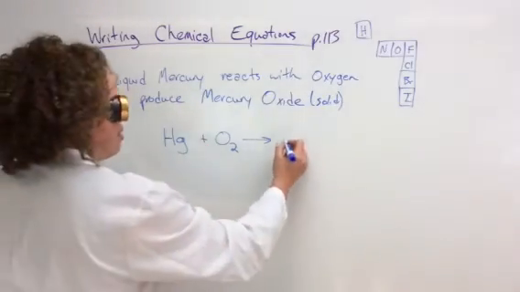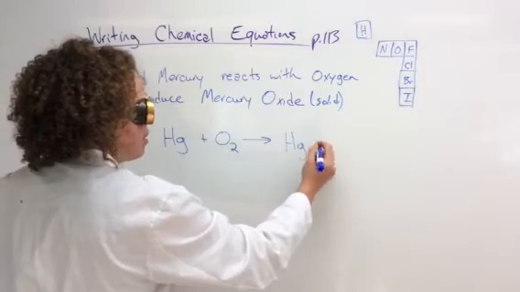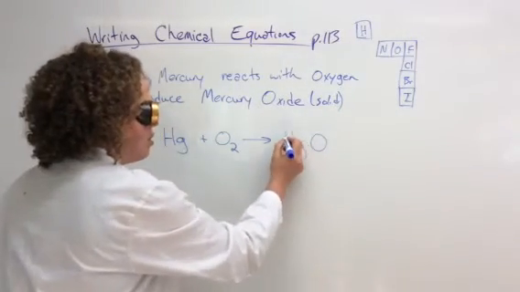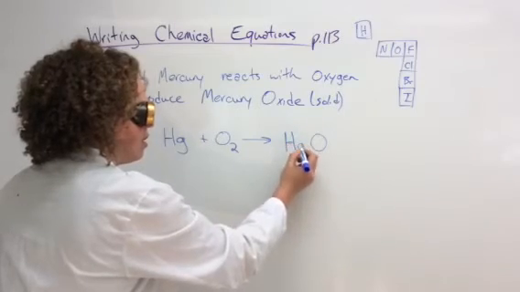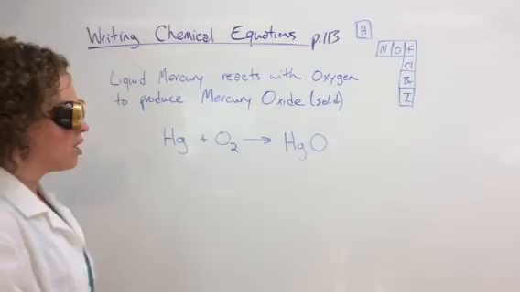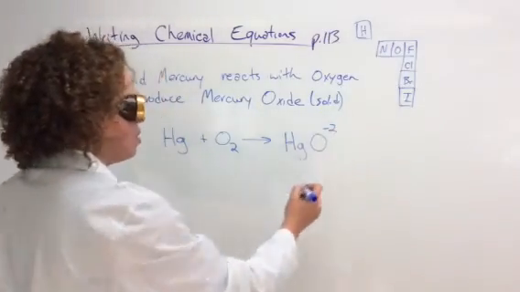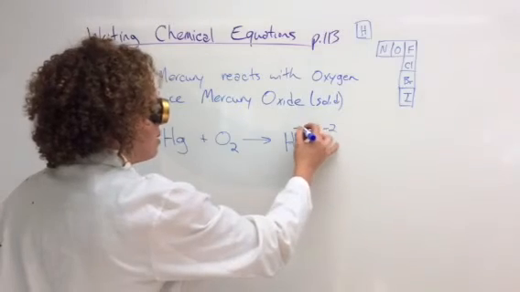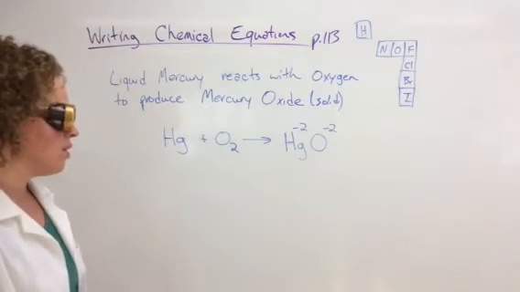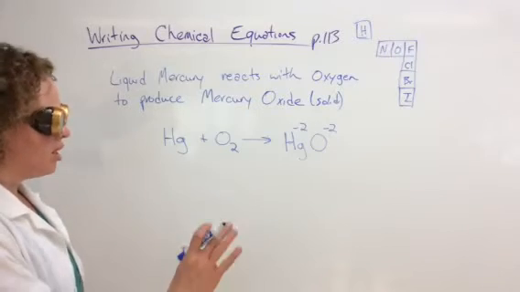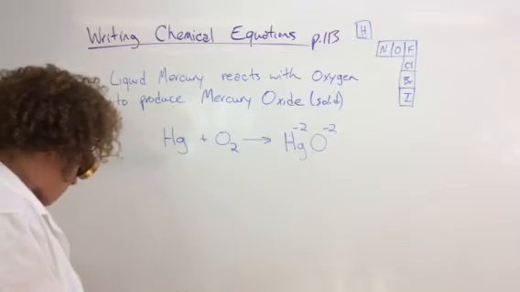Mercury oxide. So it's going to be mercury and oxygen, obviously, but we don't know what the ratio is unless we look at the charge. And we know that oxygen has a -2 charge, and if we look up mercury, we'll find that it has a +2 charge. So HgO is going to be a 1-to-1 ratio.